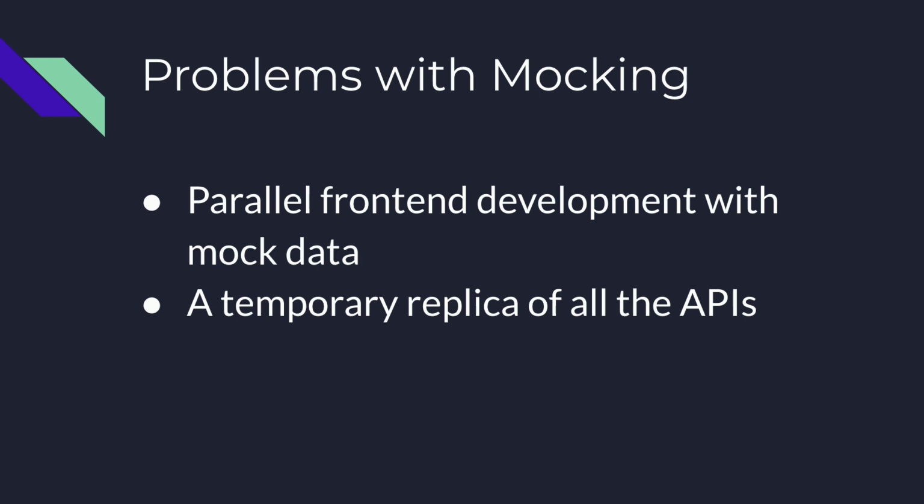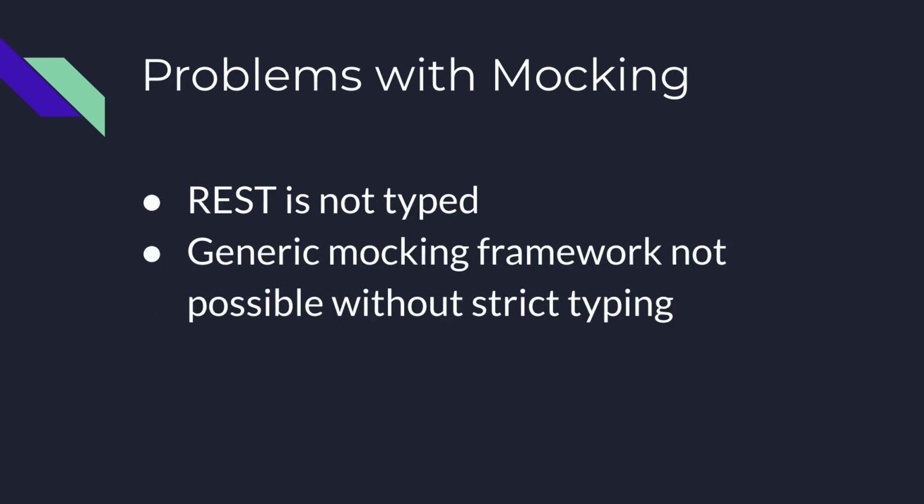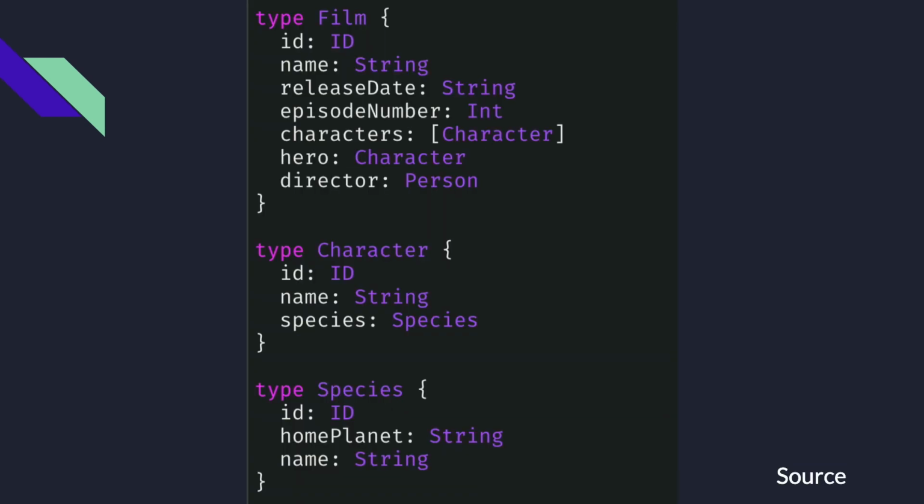Let's say there are 20 APIs, you won't be writing mocking for each and every one of those APIs for different structures, right? The problem here is that it's not typed. I am not able to write a generic mocking framework which can scale for each and every API. For example, if there is a name field, I would not know whether that field would be a string, integer, float, etc. GraphQL is inherently strictly typed, so all I need to do is to mock those scalars.